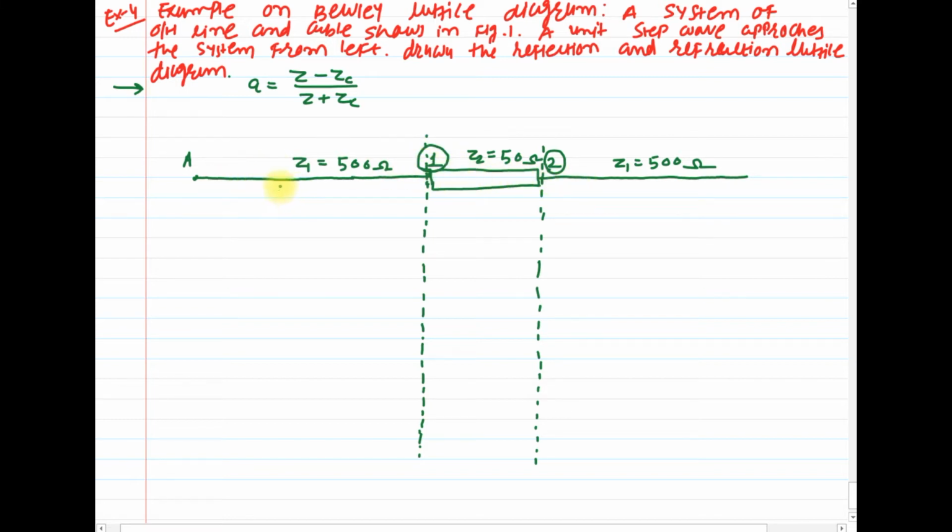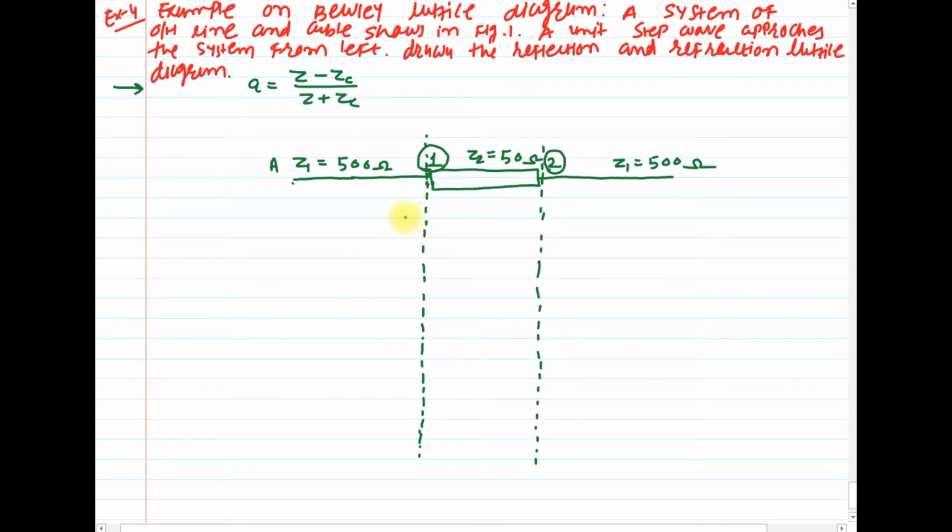So clear? For this network or system we have to draw the reflection and refraction coefficients. Just reduce the size for understanding purposes. Okay, over here point A. As we have seen in the previous theory, we need to first assign the reflection and refraction coefficients over here.